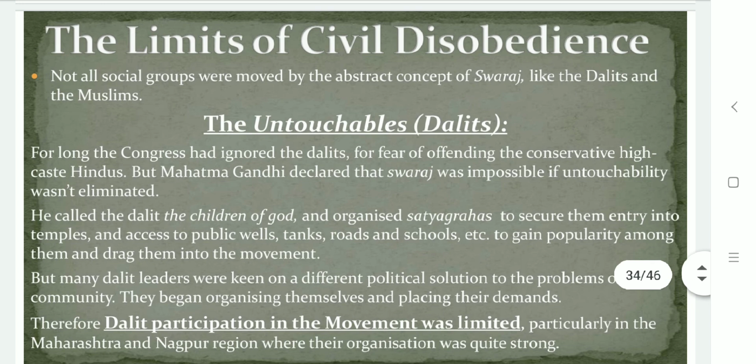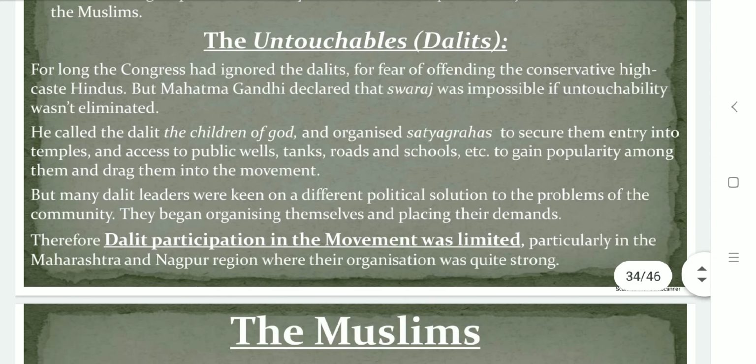Let us discuss the limits of the civil disobedience movement. Not all social groups were moved by the abstract concept of Swaraj, and the groups who did not participate in this movement were Dalits and the Muslims. Dalits were known as untouchables.